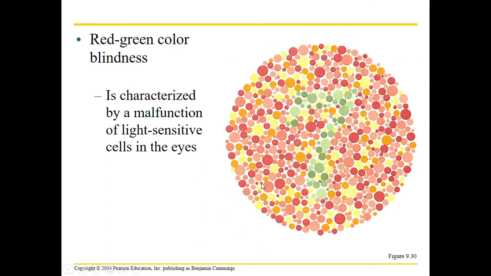So here what you should be seeing is a 7. If not, you're colorblind. You can't see red versus green. Unless someone takes this test, they won't know if they're colorblind. They just see things a bit differently and may have problems distinguishing between different colors.